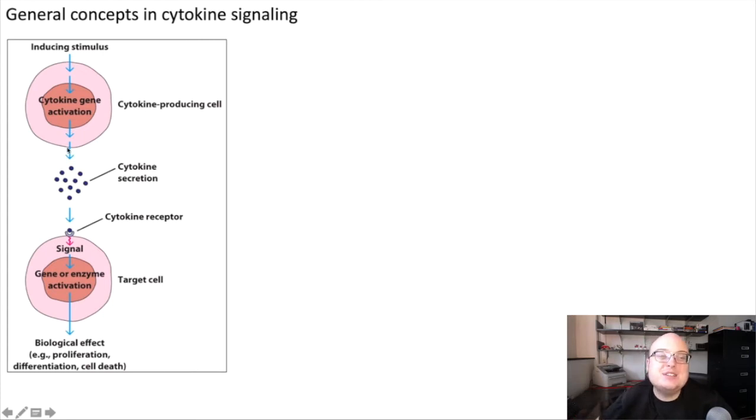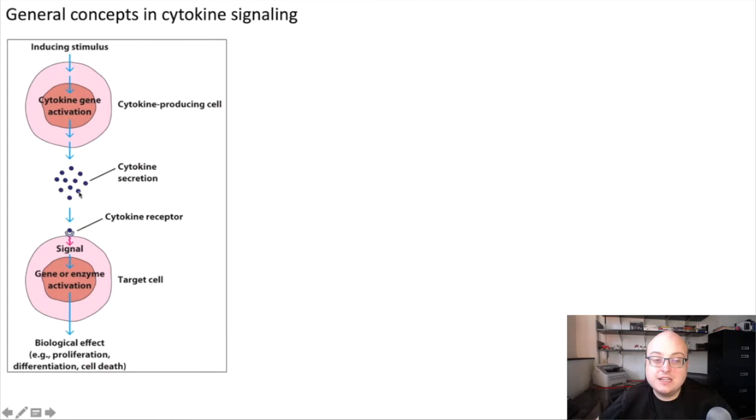But cytokine secretion is going to happen downstream of some kind of inducing stimulus. This inducing stimulus might be infection, it might be a different cytokine, it might be injury, but something is going to turn on cytokine expression in some sort of cell in the body. And when it does so, it induces transcription of cytokine encoding genes, and ultimately they're translated and secreted.